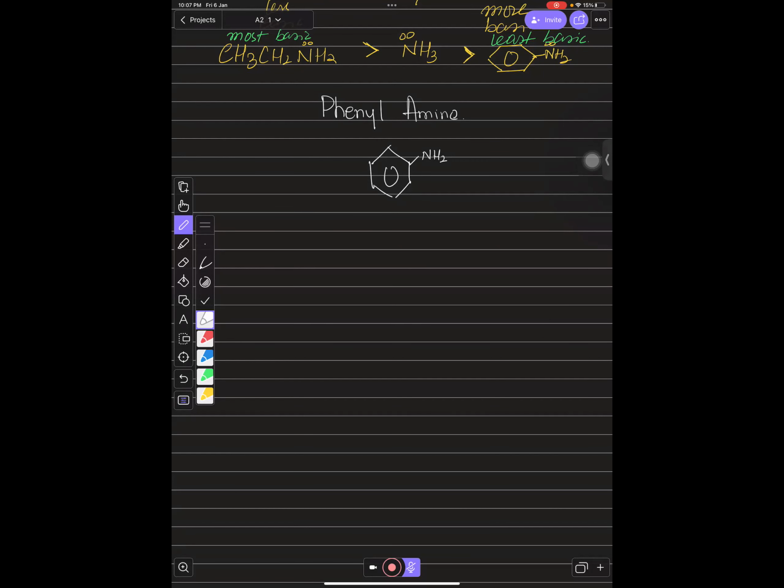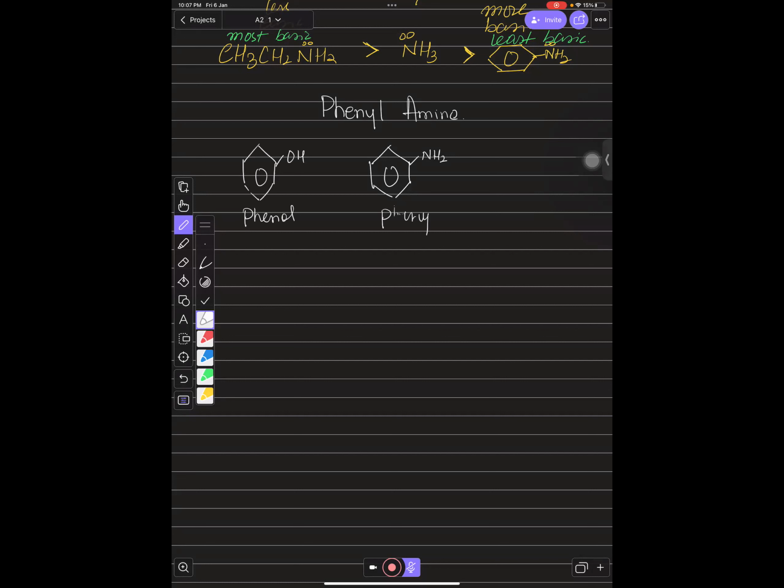If you talk about their reactivity, you need to remember that phenylamine is almost similar to phenols. The reactivity of phenol and phenylamine are almost similar. Here is phenol and this is phenylamine.